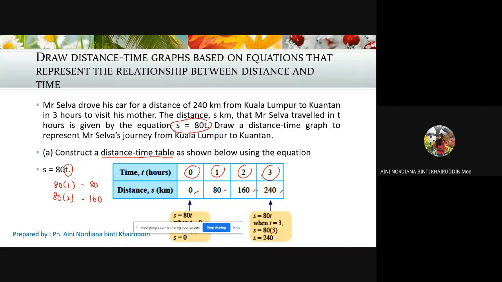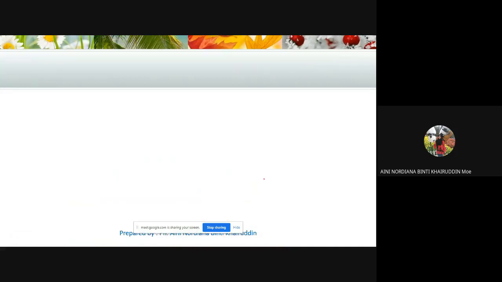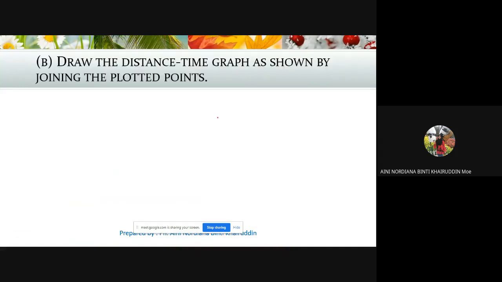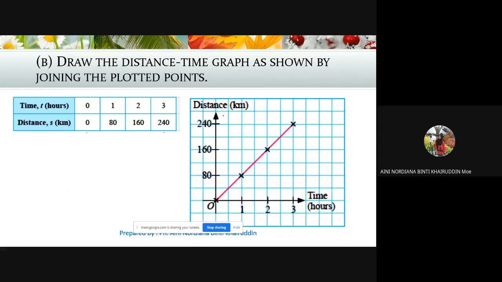Table ni buat macam tadi. Pilih suitable scale. Macam contoh ni dibuat 2 kotak 80. Okay, lepas tu untuk yang ni 2 kotak 1 jam. Lepas tu plot point 0, 0, 1, 80, 2, 160.